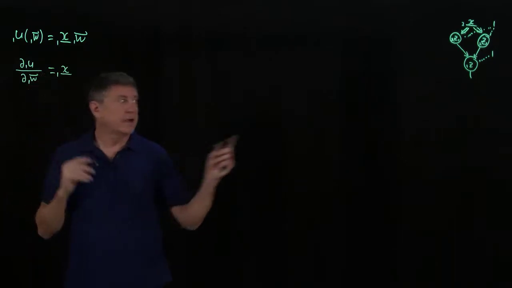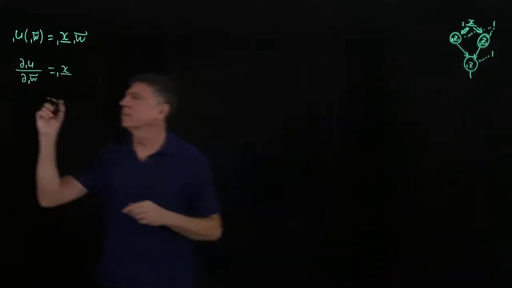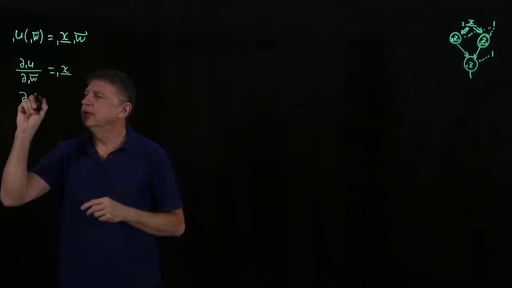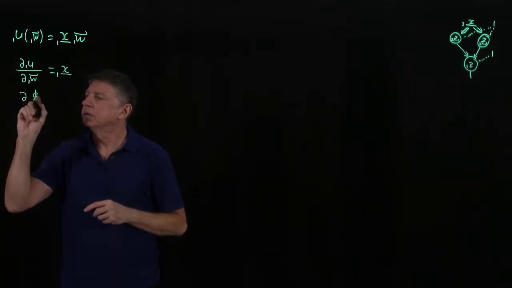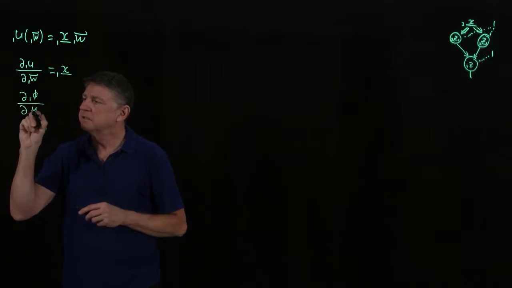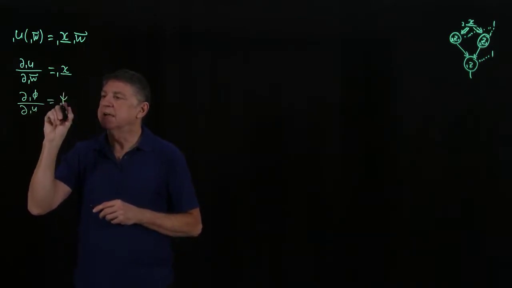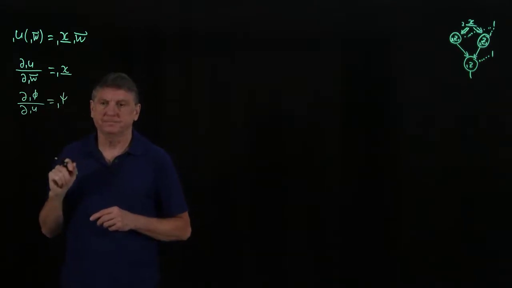We'll also have a nonlinearity, which is how we're computing this z value. So the derivative of the activation function for layer 1 with respect to its linear summation, we're going to represent that as some function phi.